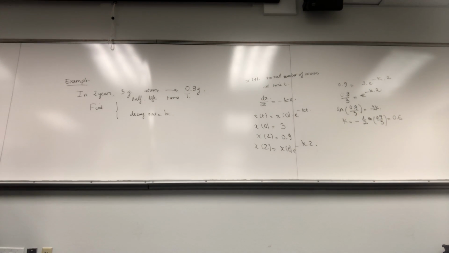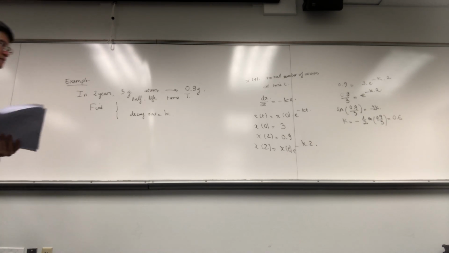So now how can I compute the half-life? Yes? Well, we could compute it using the differential equation, or we had a formula from last time that the half-life was the natural logarithm of 2 over k.